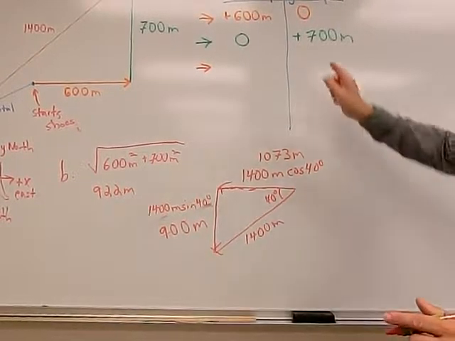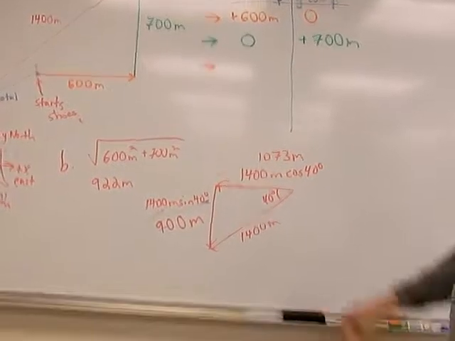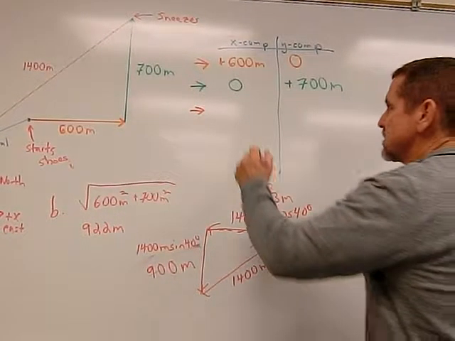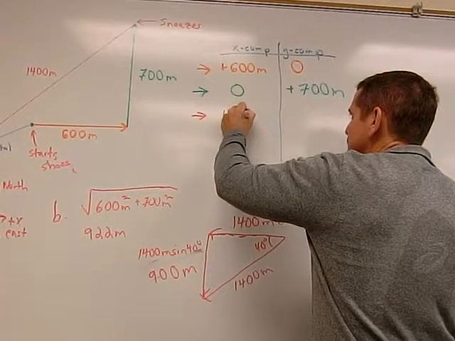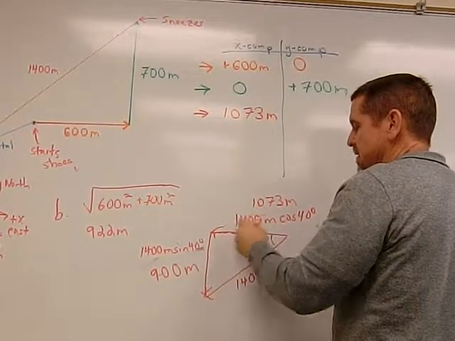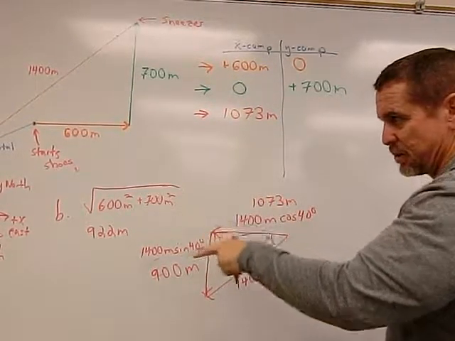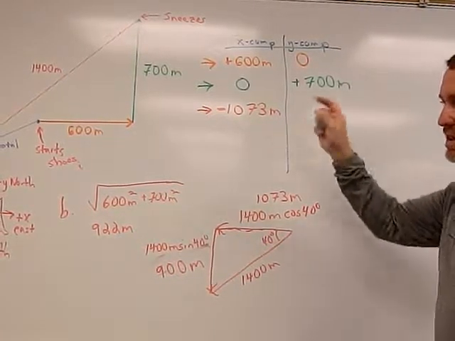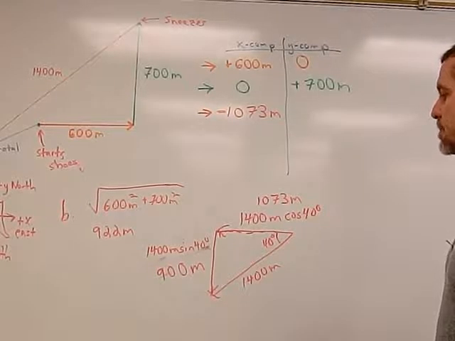Now what we got to do is we got to put this on the chart up here. So this guy, the x component, is this 1073. But the important thing to remember is that's to the left, which is west here. That has a negative sign in it, because anything to the left is the negative x direction.